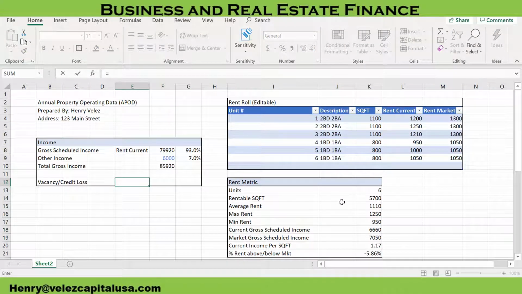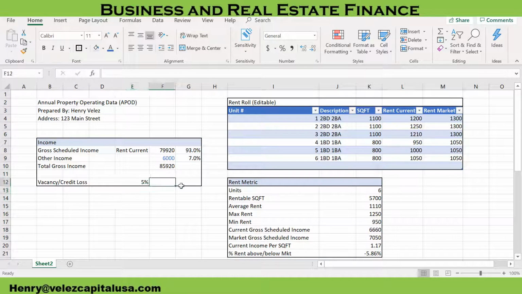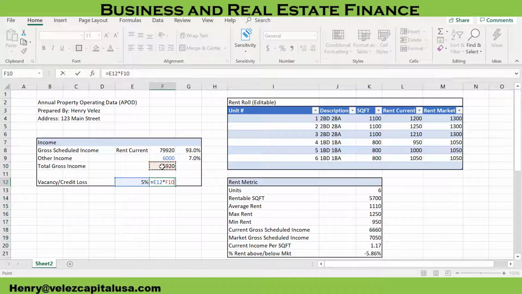Now the vacancy credit loss, that is taken off here. So we're going to hit equals, and we're going to click on here for the vacancy rate of 5%. And this is going to stay black because it's taken directly off that input over there. And then we're going to figure the vacancy credit loss by taking that percent and multiplying it by the gross operating income.